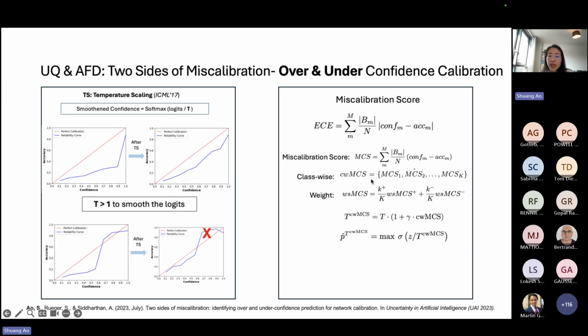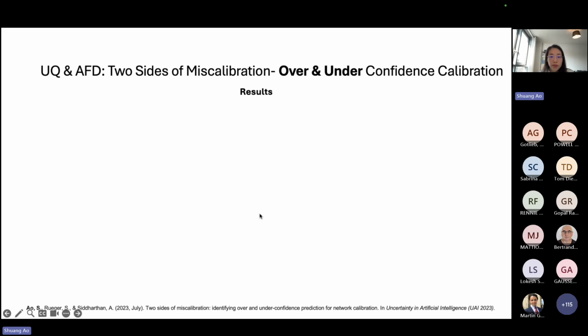We can also make it class-wise, just in case some datasets are imbalanced, and then we apply different weights to these miscalibration scores. A plus value means overconfident, and a minus value means underconfident. We modify this into the temperature scaling, so that the temperature scaling can tackle both the under- and overconfidence issues.